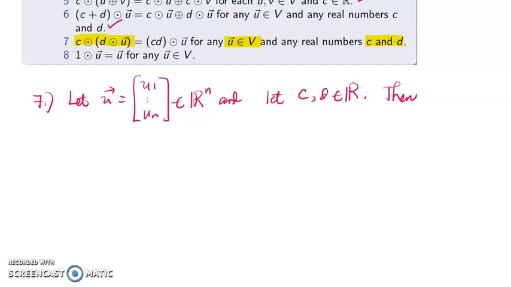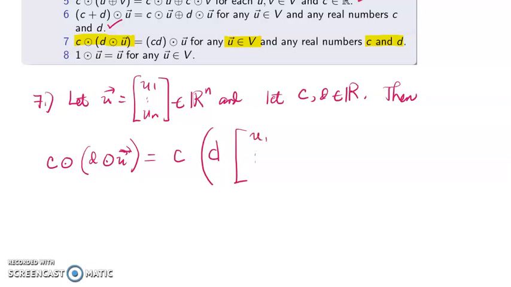Okay, so that is C times the quantity D times U. Alright, so this is equal to, we will convert this to matrix. Again, this is matrix multiplication. So C times, again this is scalar multiplication of matrix. So D times the vector U or matrix U. So U1 up to UN.